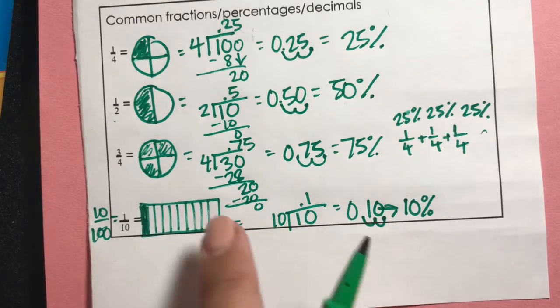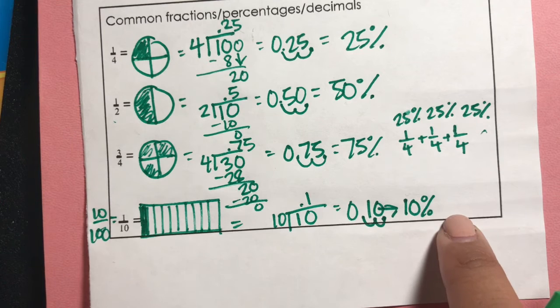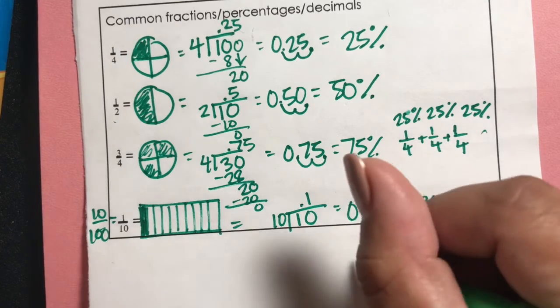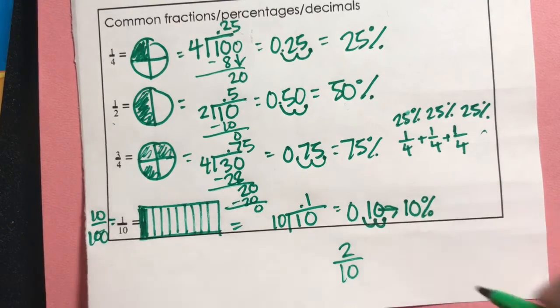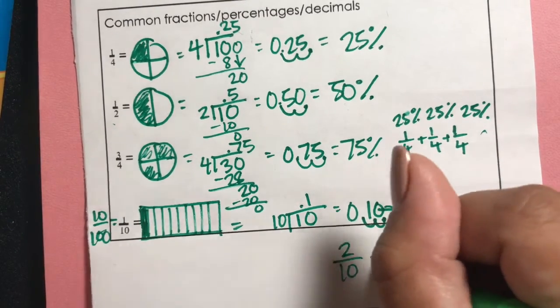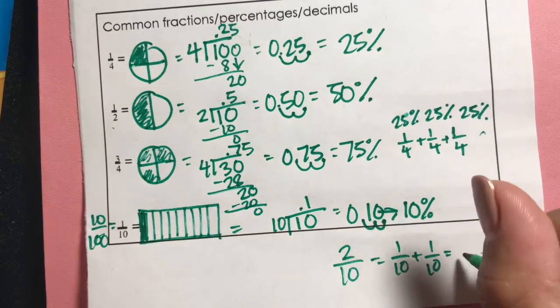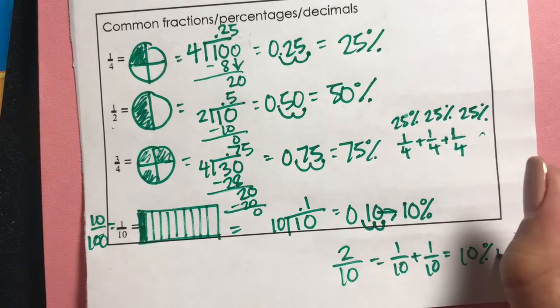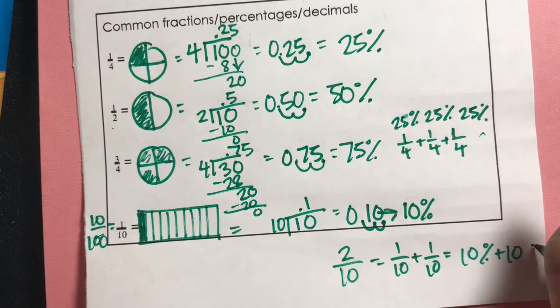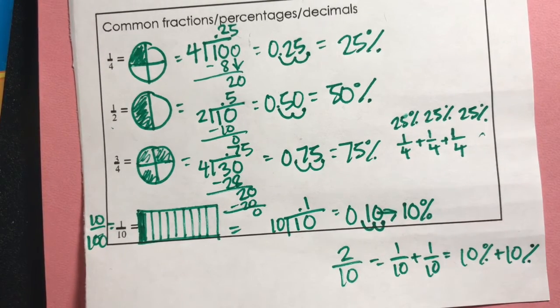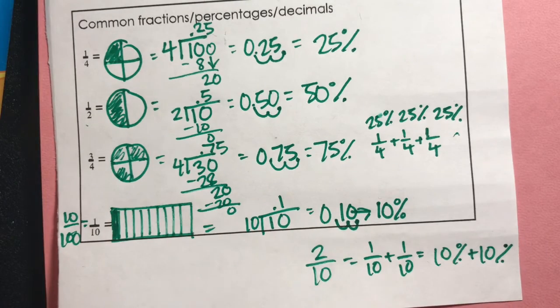Something to note about 1/10. Let's say someone's asking you what's 20%. That's the same thing as saying 2/10, which equals out to 1/10 plus 1/10, or 10% plus 10%.